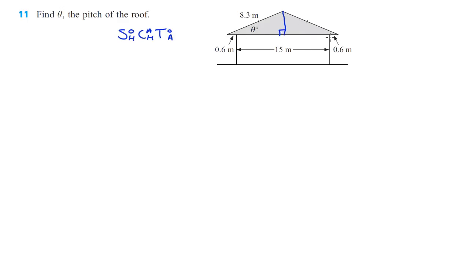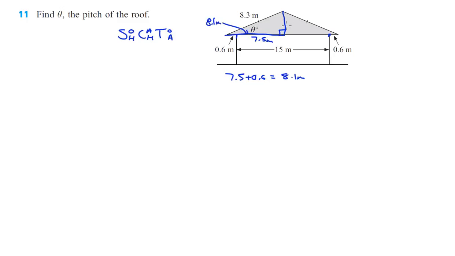If this whole thing from here to here is 15 meters, that means that this is 7.5 meters, right? But then you got an extra 0.6, so if we do 7.5 plus 0.6, we get 8.1 meters. So this from here out to here is actually going to be, draw an arrow in there, 8.1 meters.